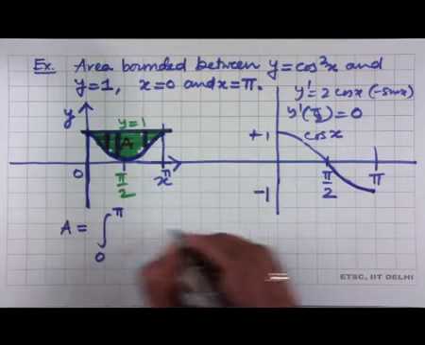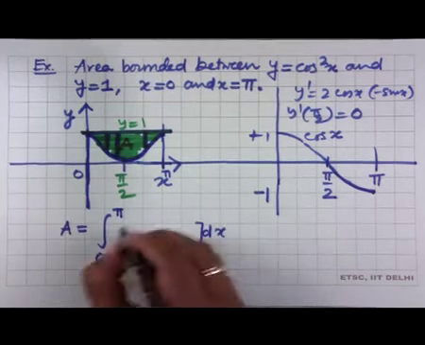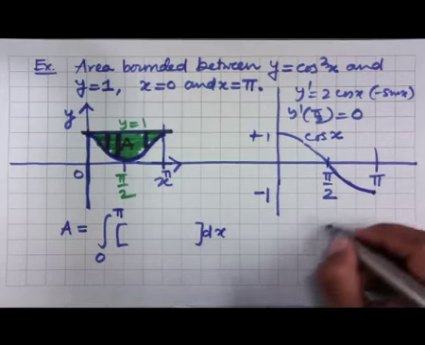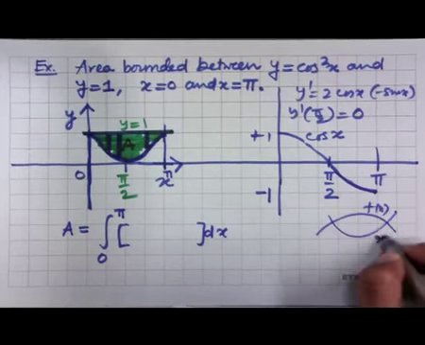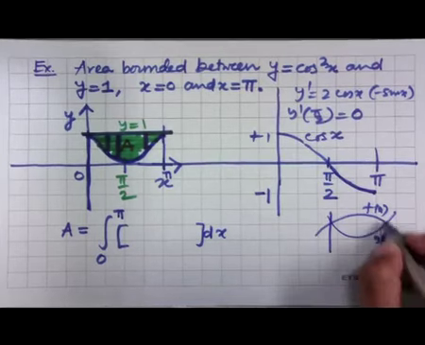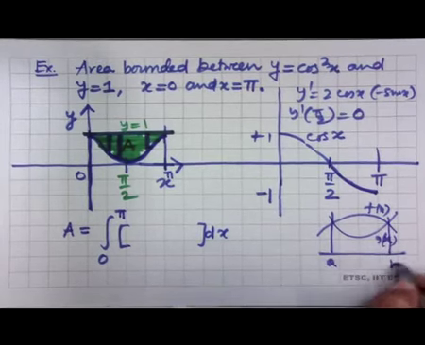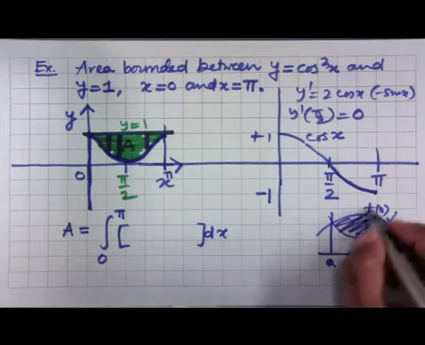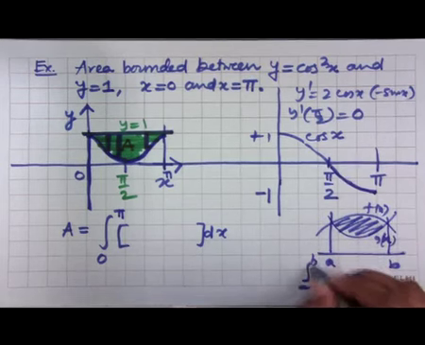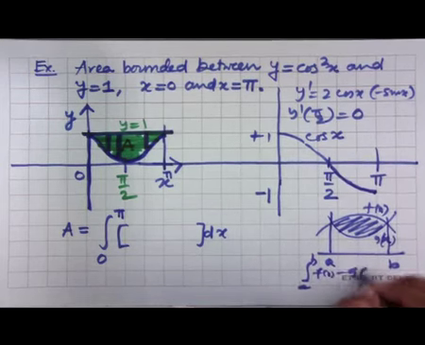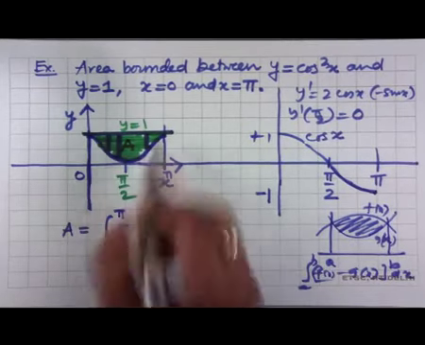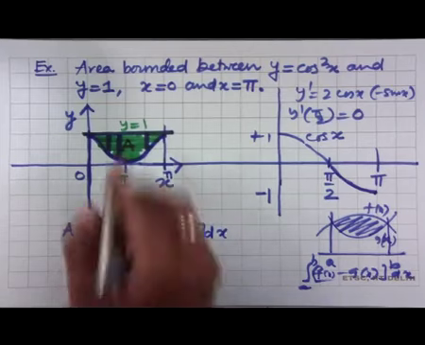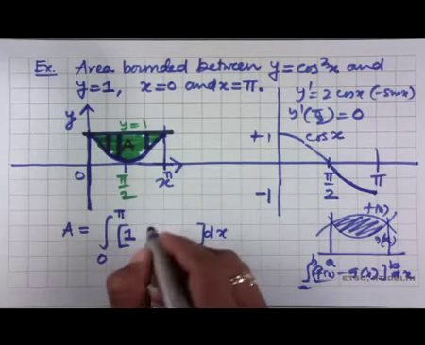If we take length dx, then we need to apply again that theory where we have two functions f(x) and g(x), and the area lies between a and b. So, you write the integral from a to b of f(x) minus g(x) dx. So, f(x) is 1 and g(x) is cos square x.